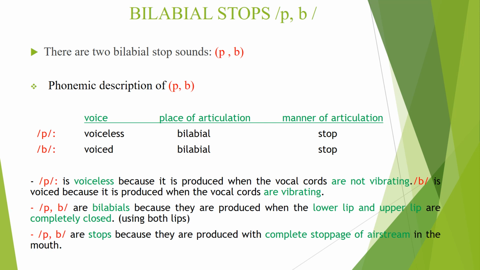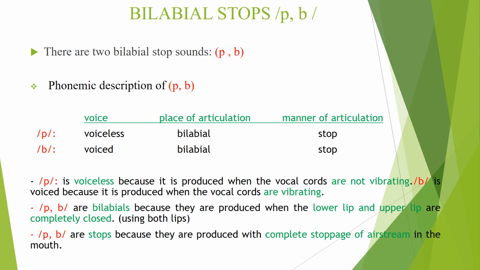P is voiceless because it is produced when the vocal cords are not vibrating, whereas B is voiced because it is produced when the vocal cords are vibrating. P and B are bilabials because they are produced when the lower lip and the upper lip are completely closed.